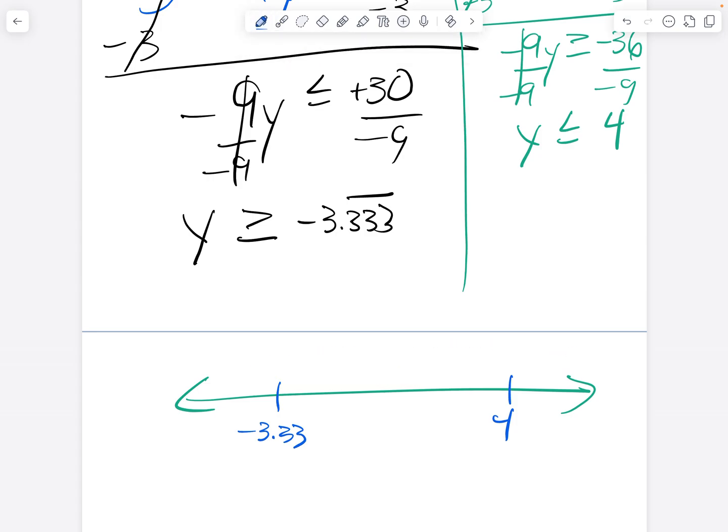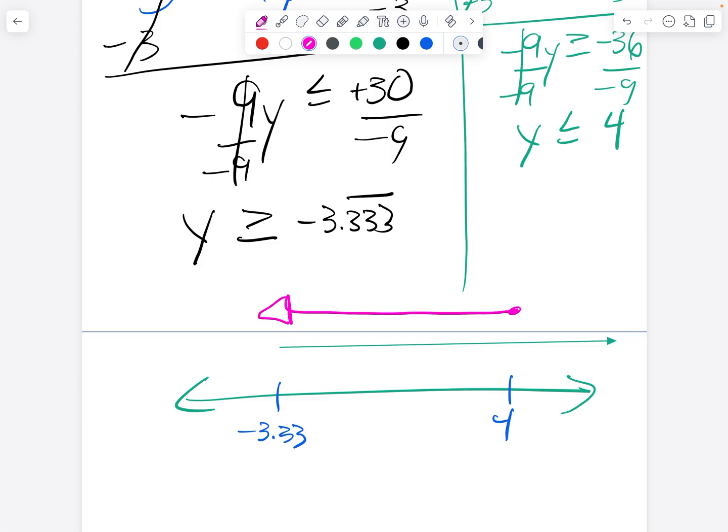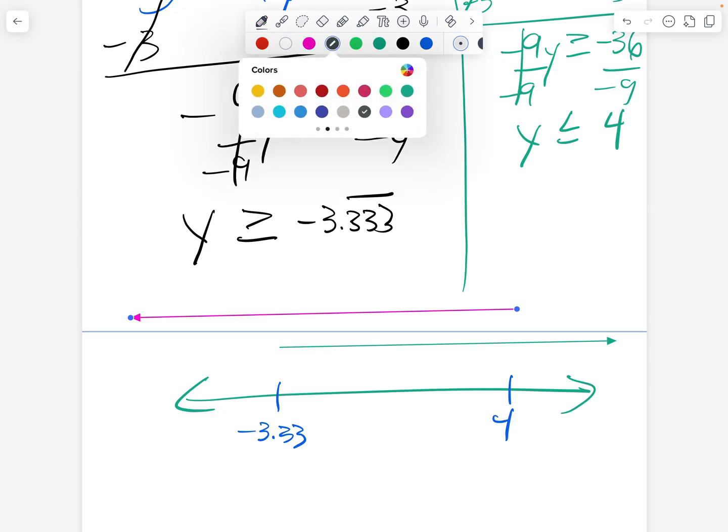So the answer to this one would be, let me show you. This one would be closed going this way, right? And the other one goes this way. So one's going to the left, one's going to the right. You want the common region. When they overlap like that, your answer is basically in between.